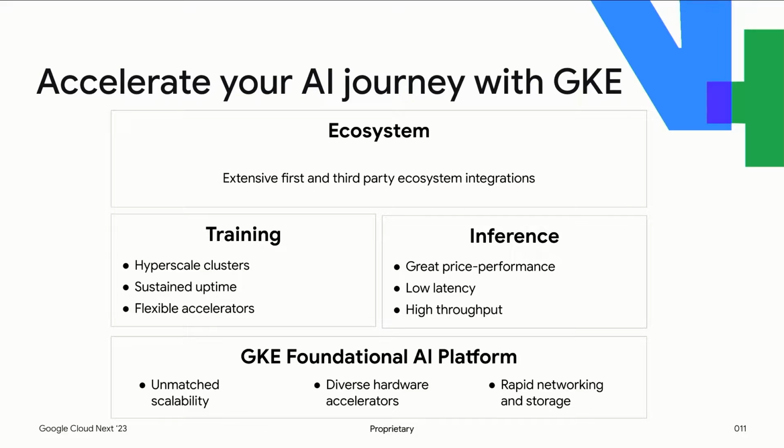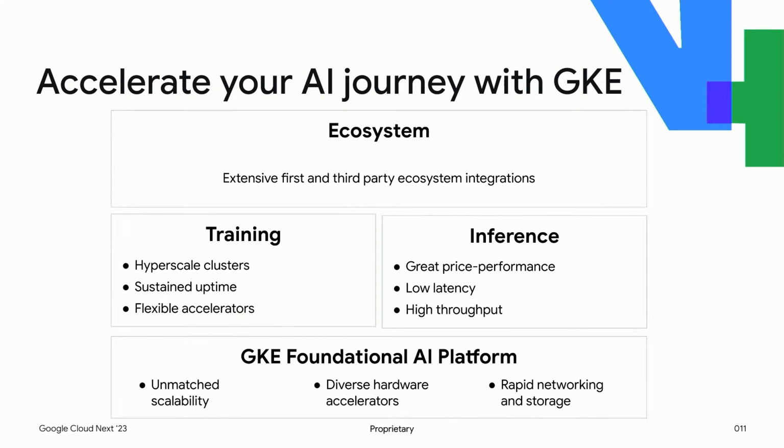Second, both for training and inference, storage performance is super critical. For inference, latency and load time for the models is one of the key characteristics. So we partner very closely with GCP storage teams to enable differentiated storage performance as part of GKE clusters.